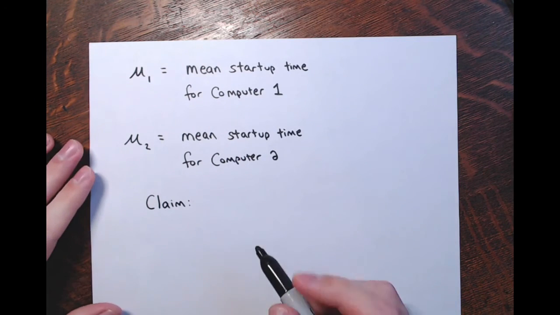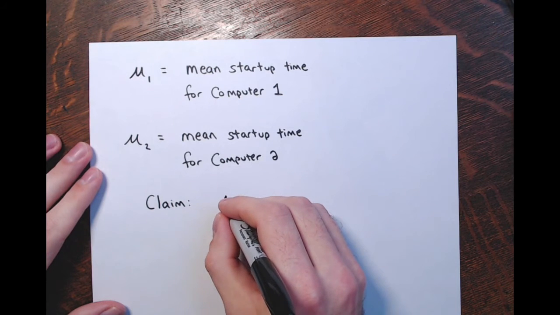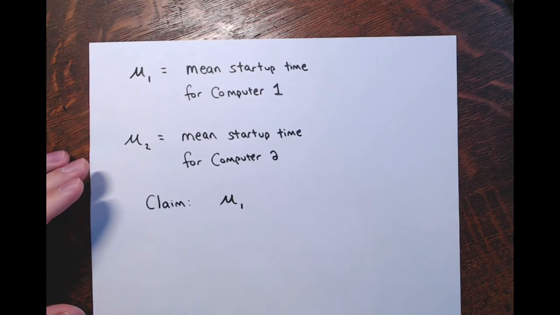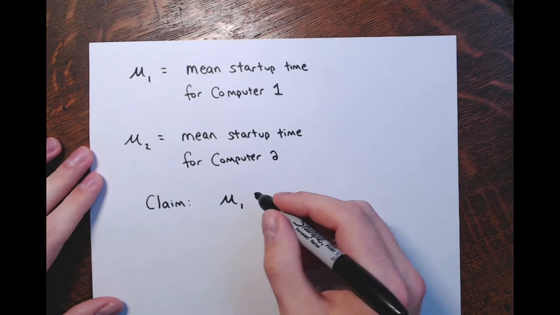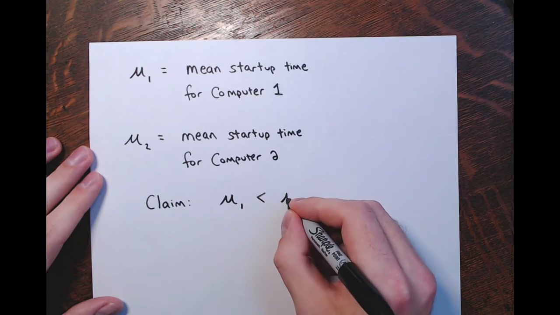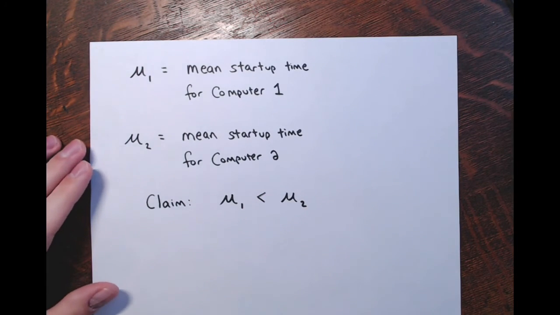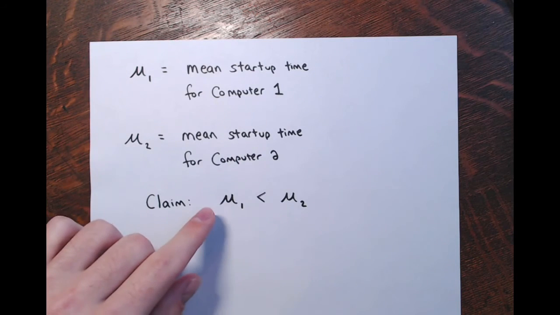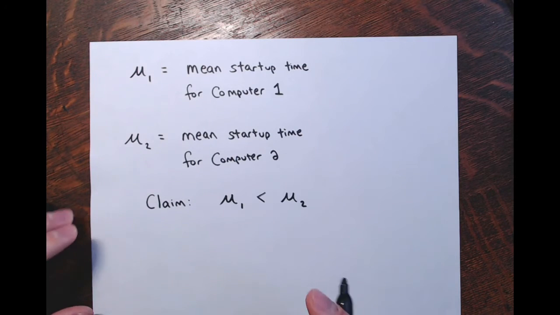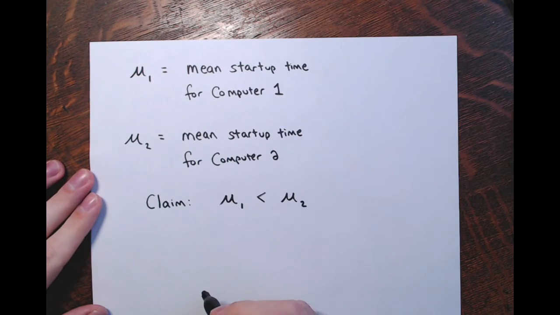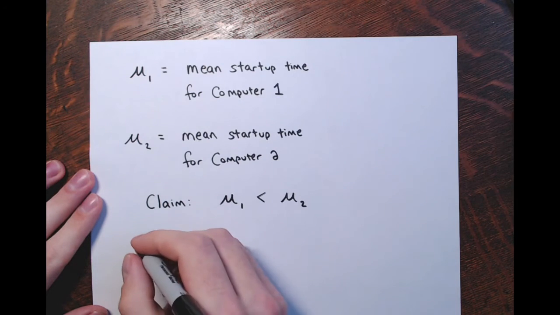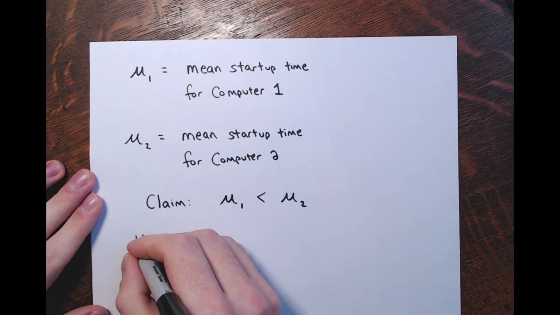So what they're trying to determine is if the mean startup time for all computer 1s is less than the mean startup time for all computer 2s. That would imply that computer 1 is faster than computer 2 on average. A claim is something that is being determined or tested or believed. Once that's established, then you can establish your hypotheses.